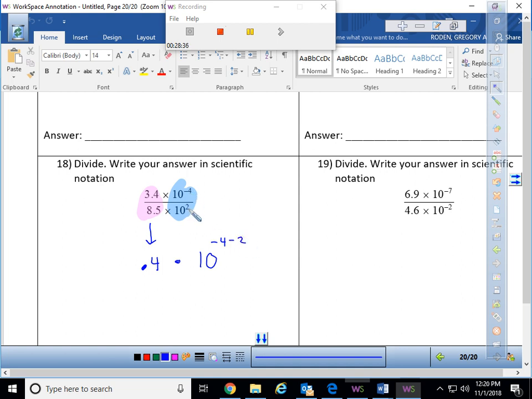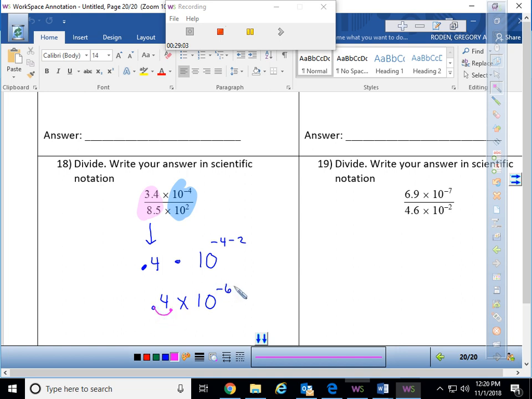So let's clean this up. So this is going to be 0.4 times 10 to the, what's -4 minus 2? Well, that's -6. Now, am I in scientific notation? No, I'm not. I need to put it in scientific notation by moving 1 to the right. When I move 1 to the right, what do I have to do with this exponent?